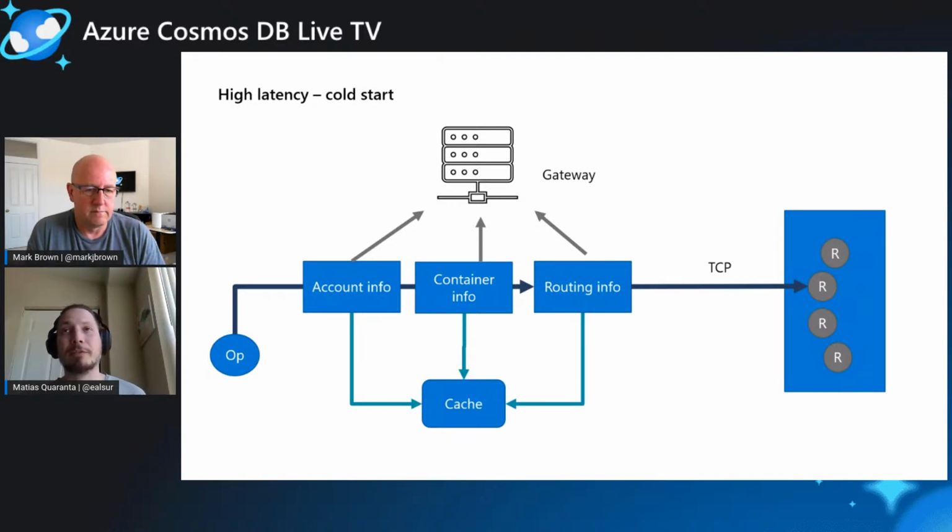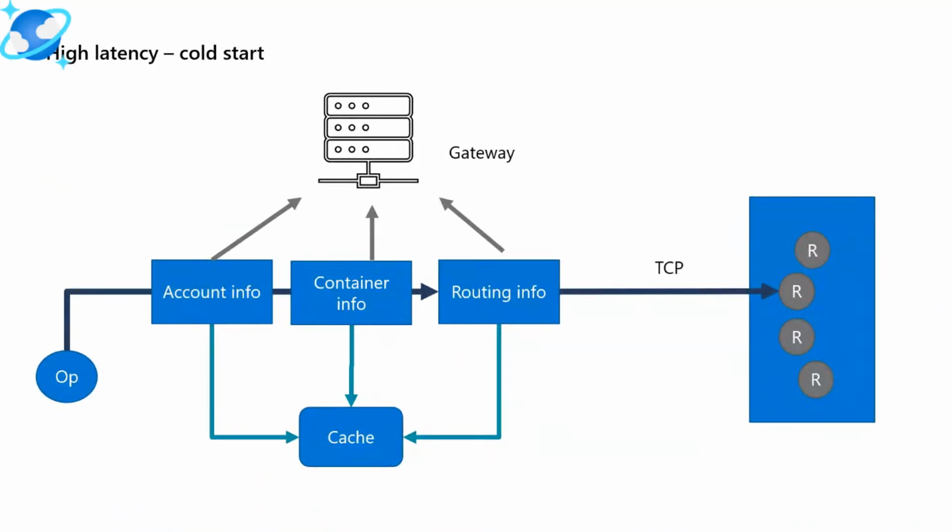If we refresh the diagram we showed earlier with the caches, which is the one we are now seeing on screen, we know that the first request always takes a bit longer. The reason is the SDK needs to fetch this cache information, or routing information, if you will, to open that TCP connection and execute the request. Subsequent requests won't take as long, but the first one might have a higher latency, and this is the reason.